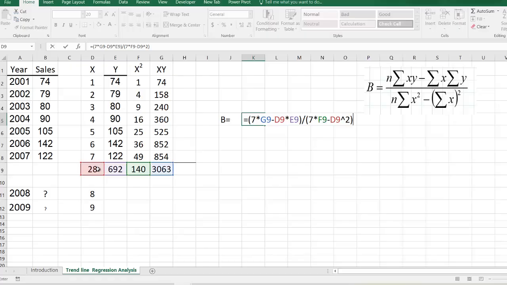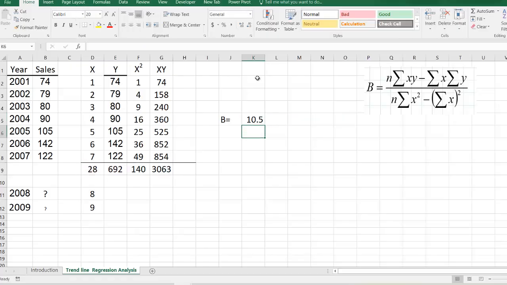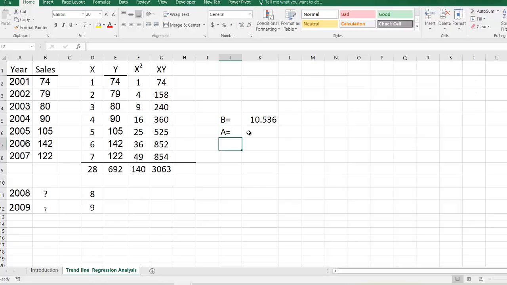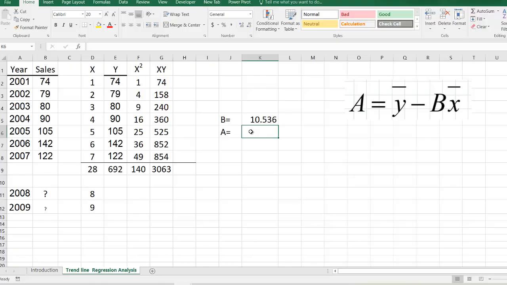The value of b is 10.5, and increasing the number of decimal places, that is 10.536. And then the value of a is equal to mean of y minus b times mean of x.